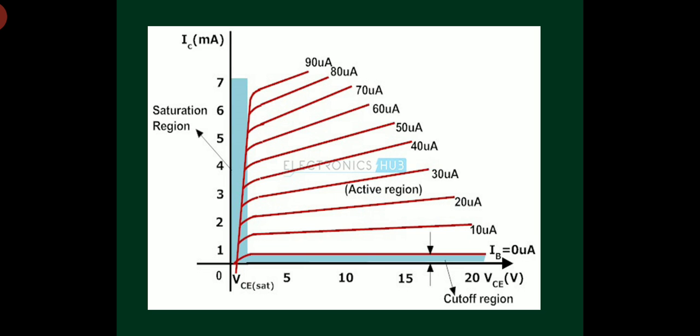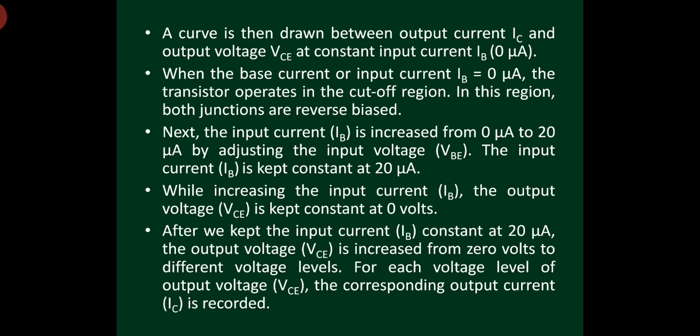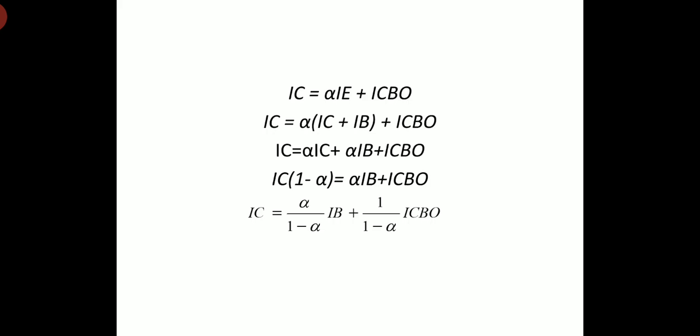How will it be? I have the equation IC equal to alpha IE plus ICB naught. How do I get this? IC means collector current.